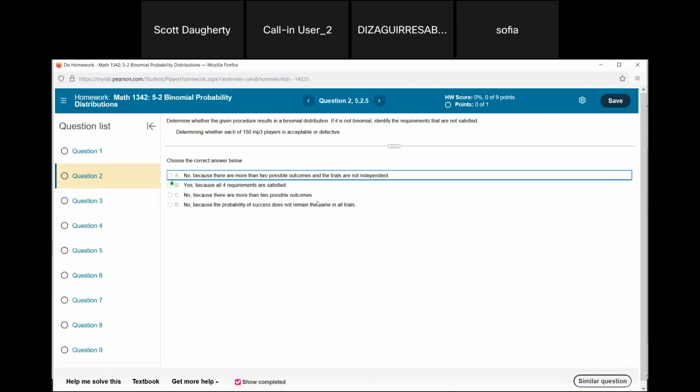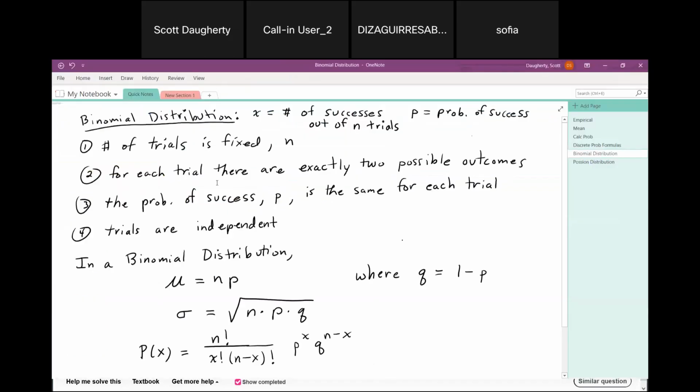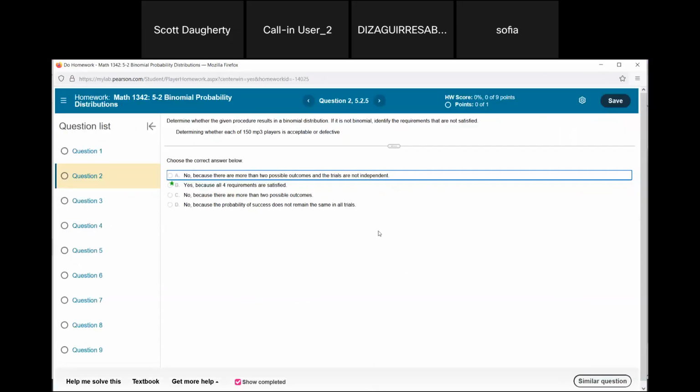And if it's going to be binomial, that has to stay the same. So as long as we keep the number of trials at 150, then that satisfies the first condition. The second one said there has to be two possible outcomes for each trial, exactly two. So in this case, it's either acceptable or defective, right? So those are your exactly two outcomes when you run your trial.